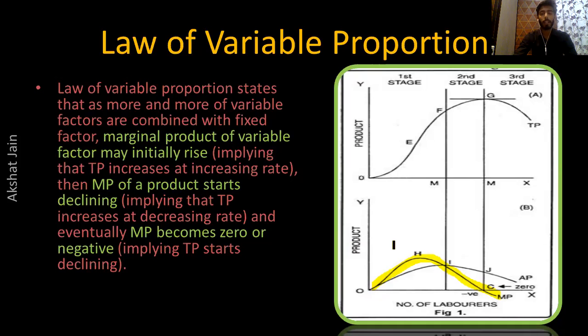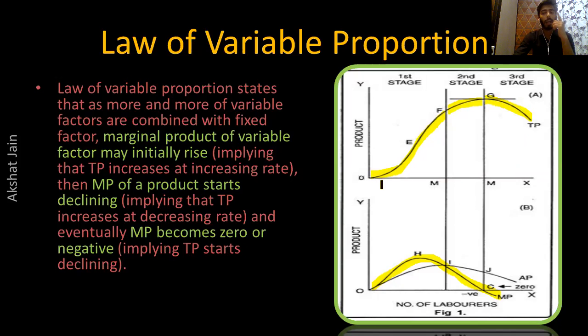So there are basically three stages. In the first stage, the TP increases at increasing rate. This is due to the reason that MP is increasing. After which TP increases at decreasing rate, which is the result of decreasing marginal product. And at the end, TP starts falling, because MP gets negative.